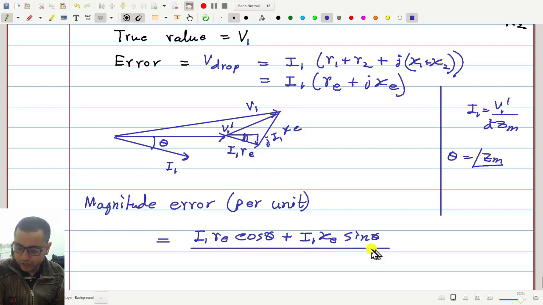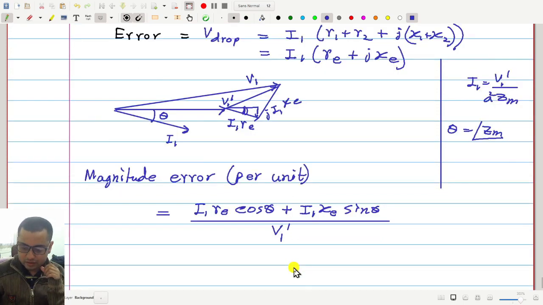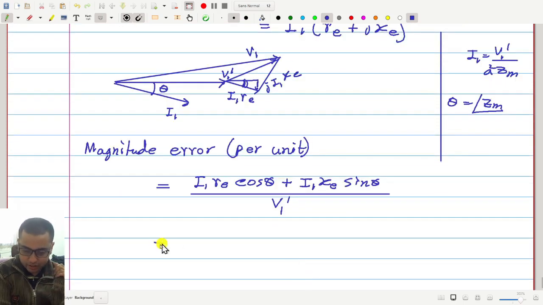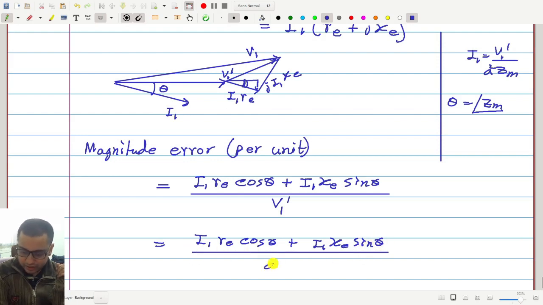Now this you divide by V1 prime, this is the per unit error. This is also equal to I1 Re cosine theta plus I1 Xe sine theta, whole divided by S square Zm multiplied by I1, that is V1 prime.